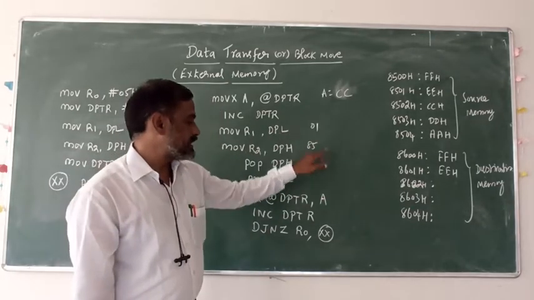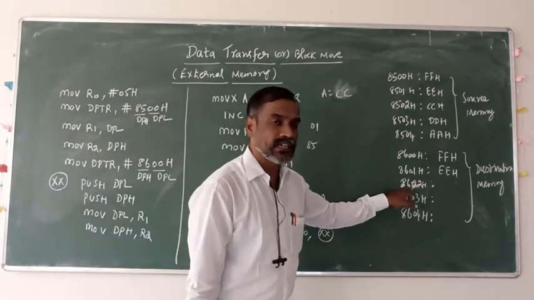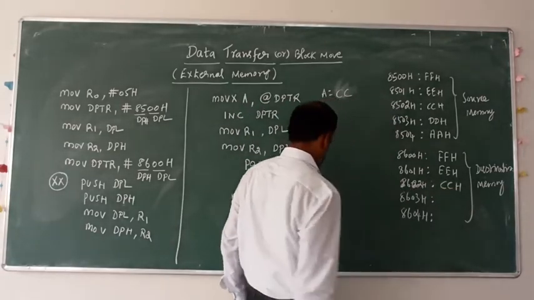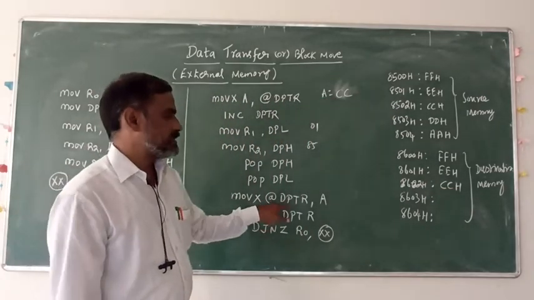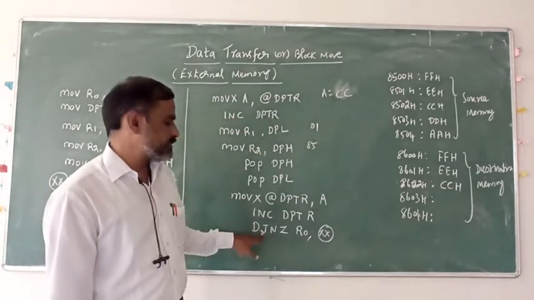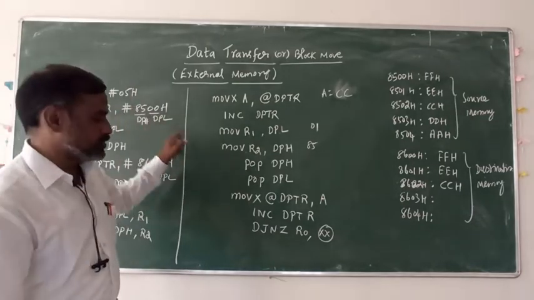Next the accumulated data is moved to this stack pointer address location. Now CC data is moved here and then increment to 8603 address. Now decrement the number of data to 02.